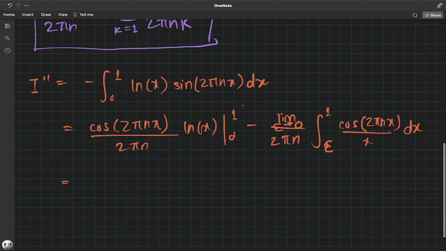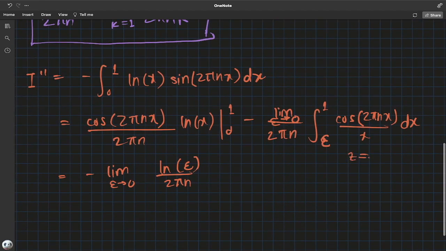The first term, natural log of 1, will make the entire thing go to 0. For 0, natural log of 0 diverges, cosine is 1, so we have to be careful. Again, take the limit as epsilon goes to 0 of natural log of epsilon over 2 pi n. And I would like to do a z substitution here, z equals 2n pi x.